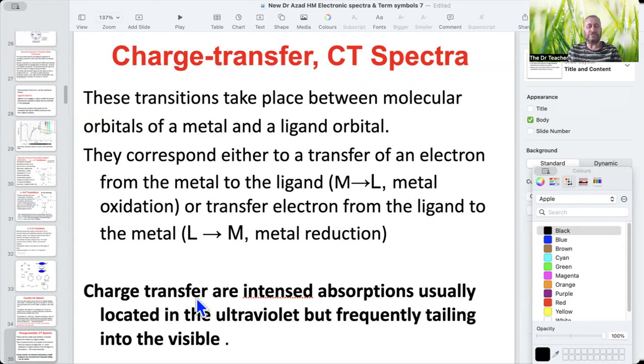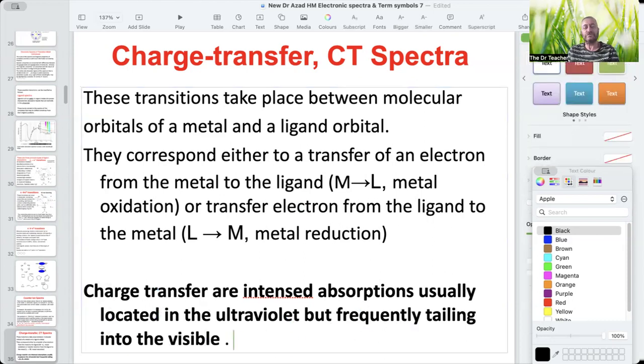So charge transfers are intense absorptions, usually located in the ultraviolet, but frequently in the visible region.